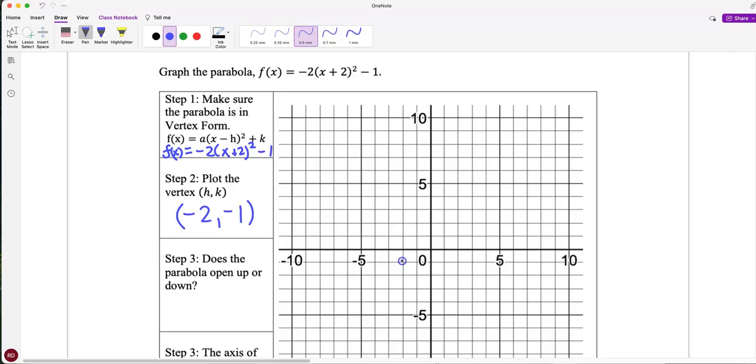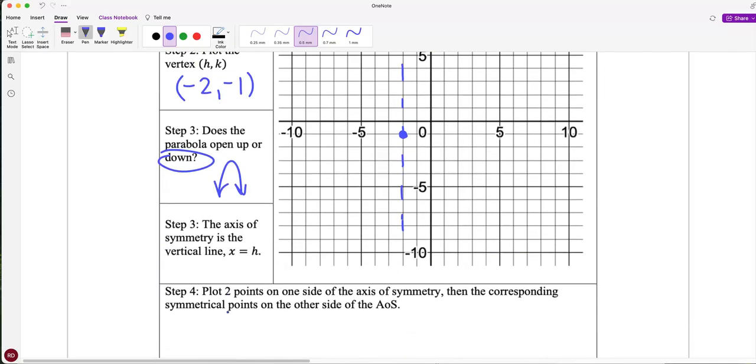So negative 2, negative 1, there's my vertex. That means that automatically this is my axis of symmetry, x equals negative 2. This parabola will open down because of that negative number in front. The axis of symmetry is x equals negative 2.